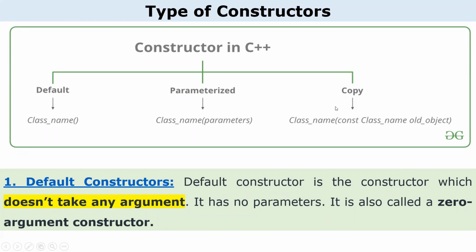Another type is the copy constructor, which is available to copy the values from one object to another object.